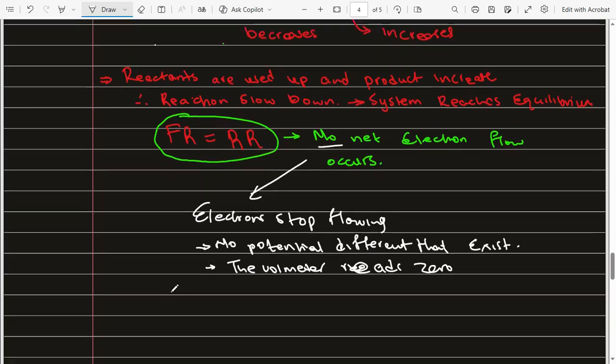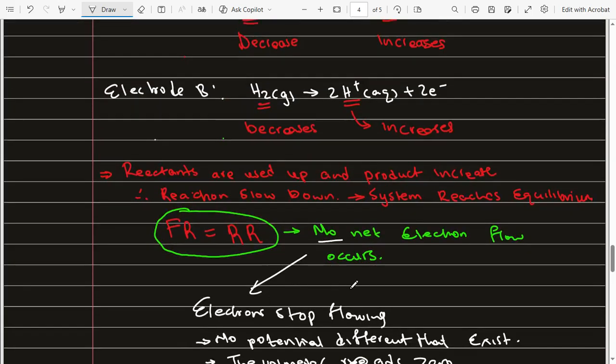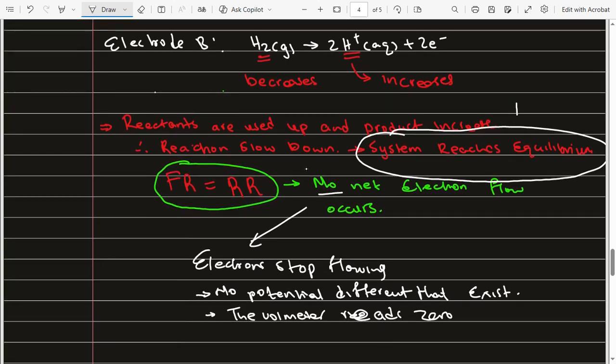So the final answer that you can give them, you can say that the cell eventually reaches equilibrium. I'm just going to try and write this. The system reaches equilibrium, that's one. And then you say at equilibrium, there's no net electron flow through the external circuit.